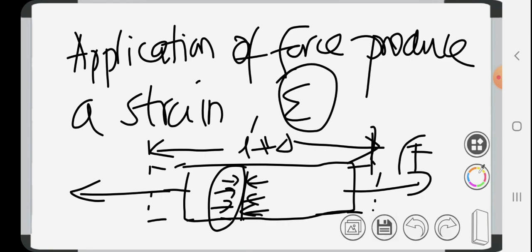So if we cancel this force, if the applied force is removed, what will happen? The size of the rod, what will happen? It will regain its size, right?